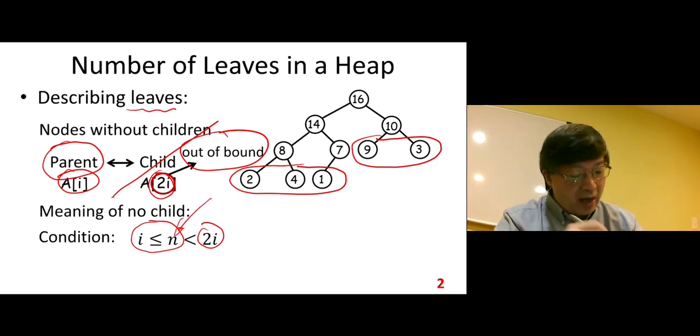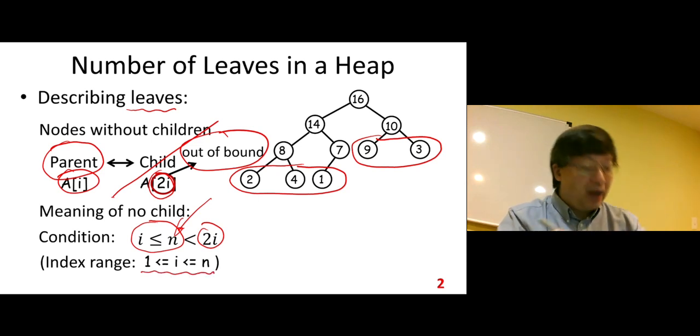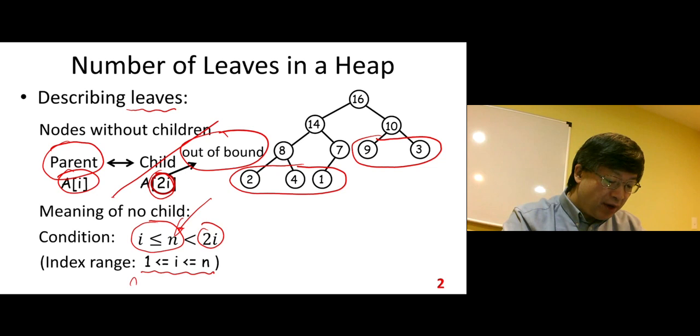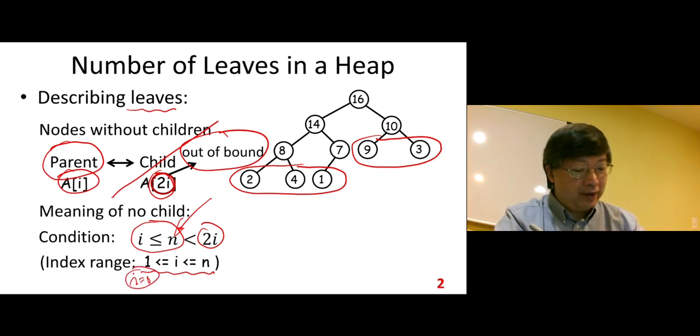So that's the meaning of out of bound. We know the index ranges between 1 and n, and we do not use 0. Remember, we do not use 0 for a heap.